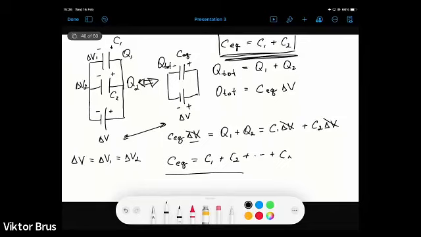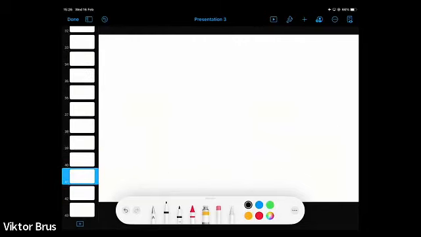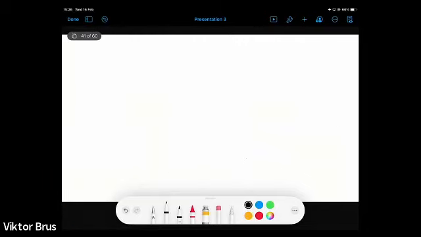So now we are done with the parallel connection of capacitors, and we can proceed with the series connection of capacitors. Let us consider a battery of capacitors which are connected in series.